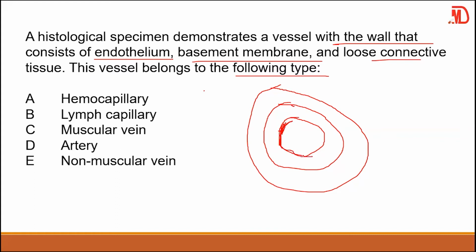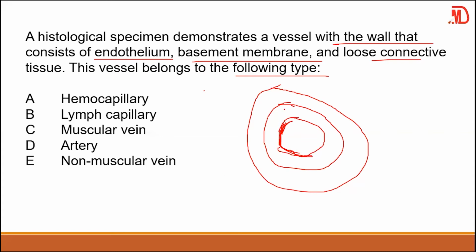Under the tunica intima, we have the endothelium, the basement membrane, and the loose connective tissue or elastic tissue. The reason I brought that there is because it helps you to differentiate whether it's a vein or an artery.